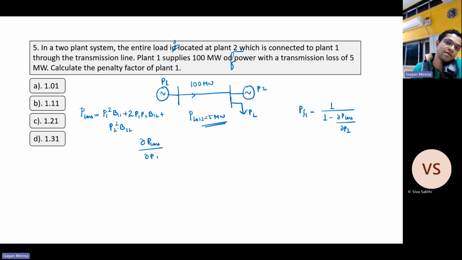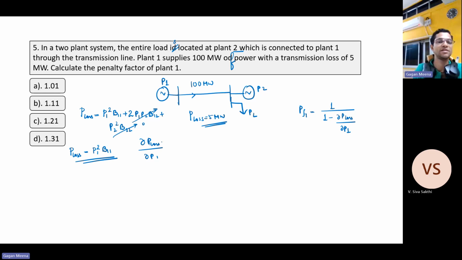Now here only P1 is supplying. P2 is not connected, hence there is no transmission line between P2 and load. The loss is only due to P1, not due to P2, so these terms will be 0.